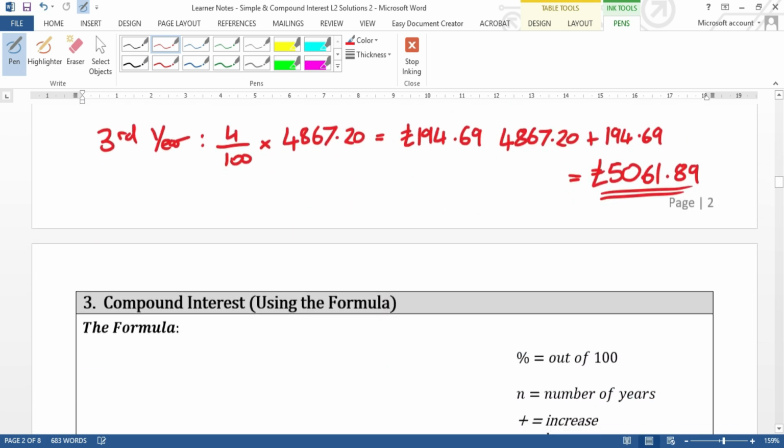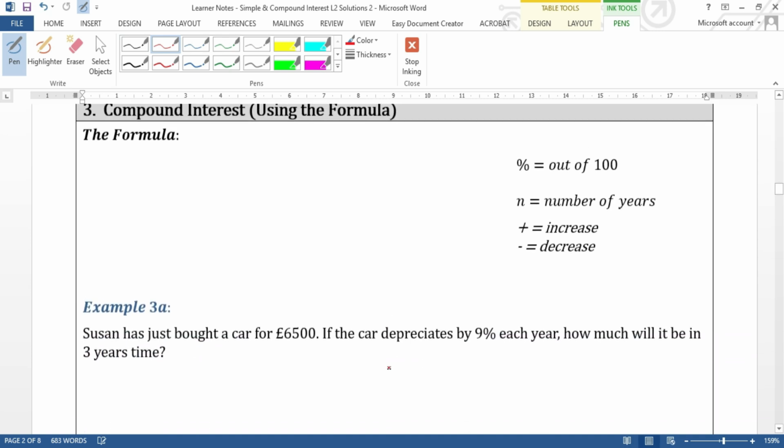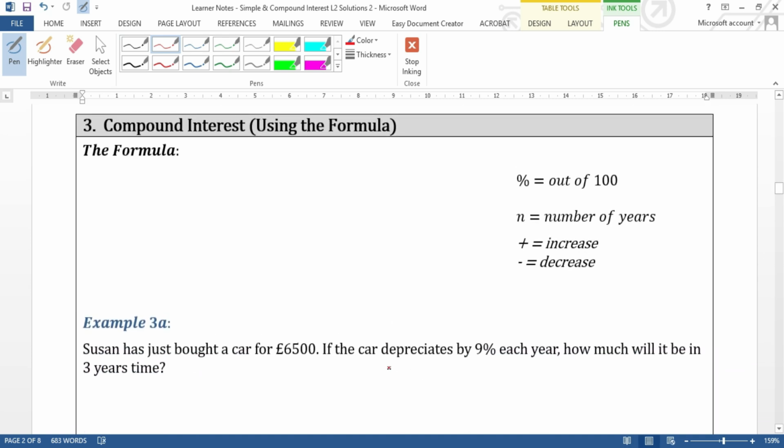So let me show you the formula then, where we've got a little space here to write. So let's call it the final value equals, I'm going to call it a big A. So A stands for initial amount, let's call it. So basically the amount that you invest to begin with.